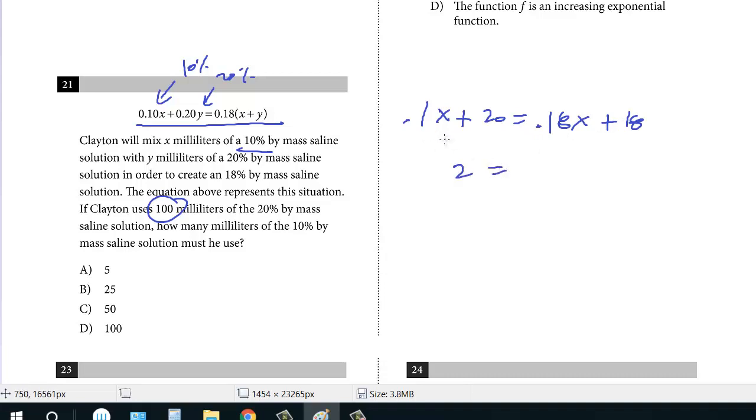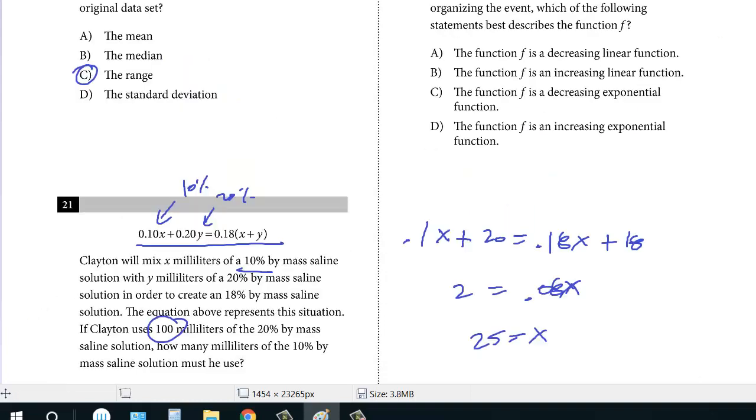And here, be careful with the decimal point. You could use your calculator if you want. This is going to be 0.18 minus 0.1, that's going to be 0.08x. And again, use your calculator, but you could also move the decimal over 2 places, so that'd be 8x equals 200, and x is 25. So the answer is B.